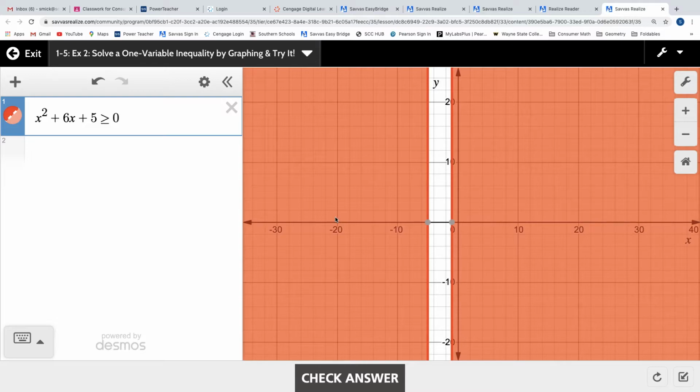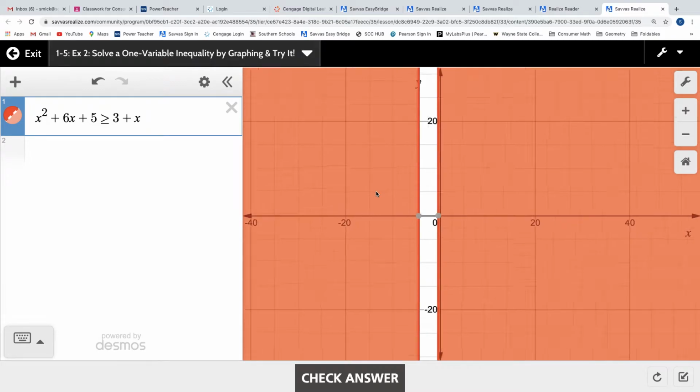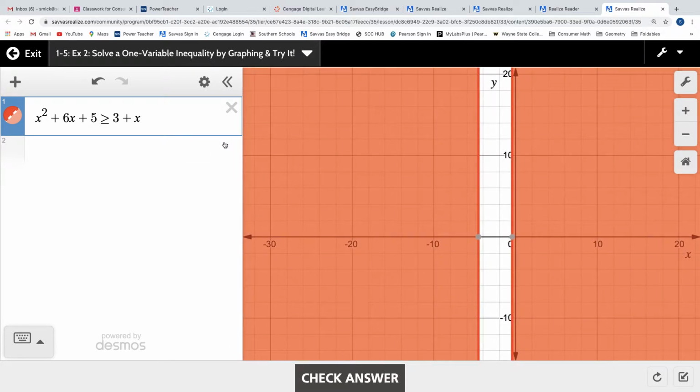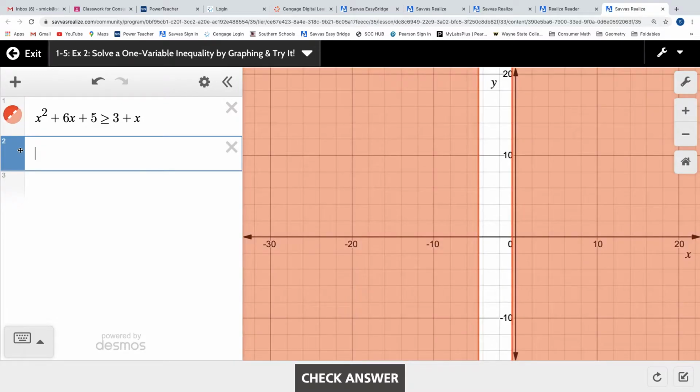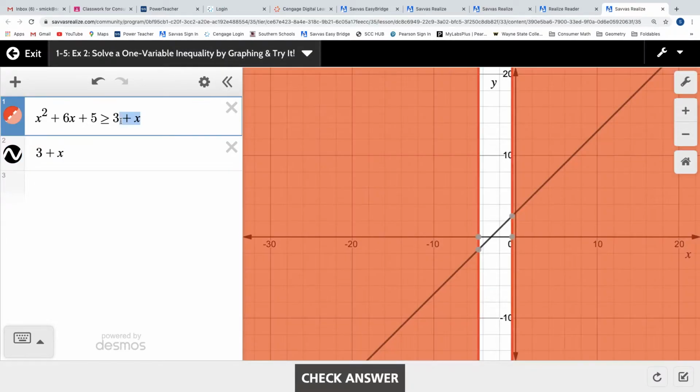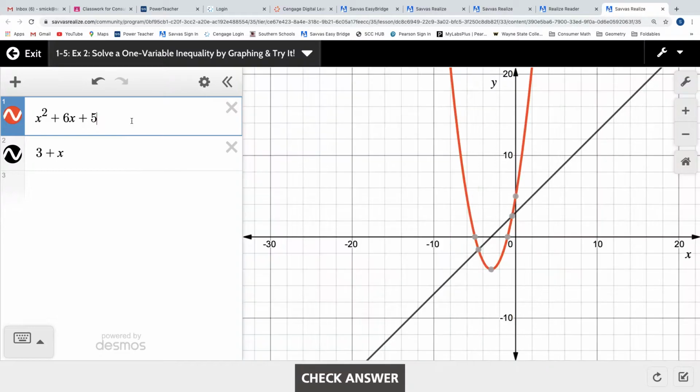The other thing that Desmos does and the TI doesn't do, if you want to know when this is greater than another equation, I would just put the other equation in, 3 plus x. And it's going to show me, weird, but it's going to show me, and then I can see it. But if I really wanted to see what was going on, I would put 3 plus x here and take away this, and I would see the two graphs individually.